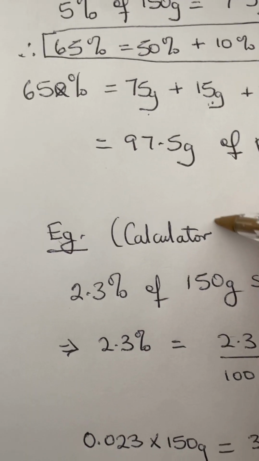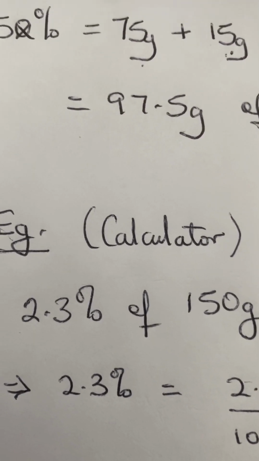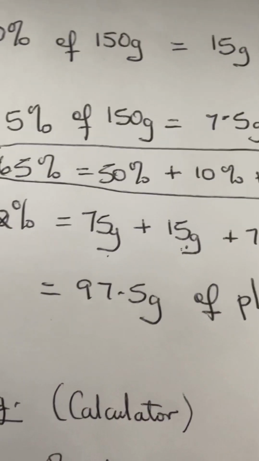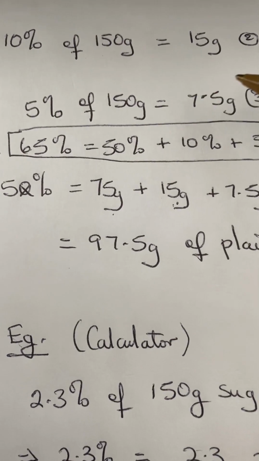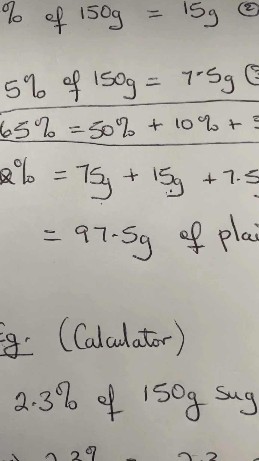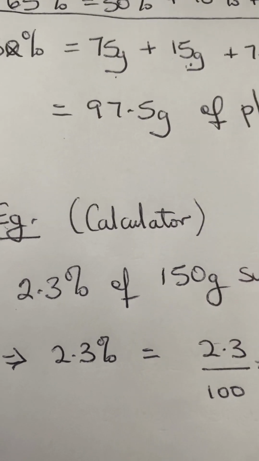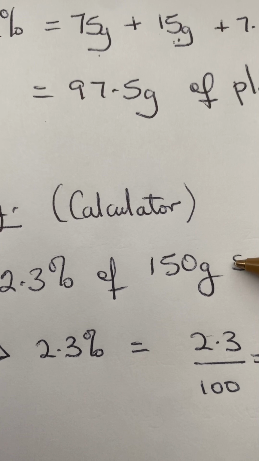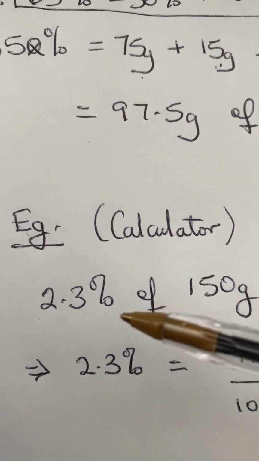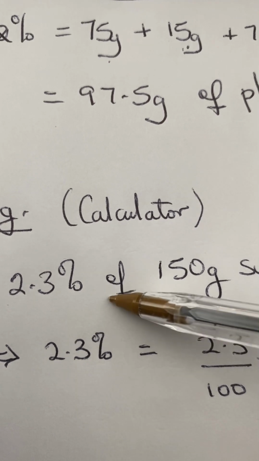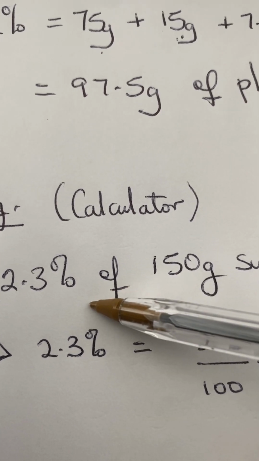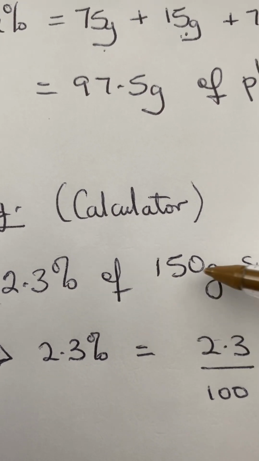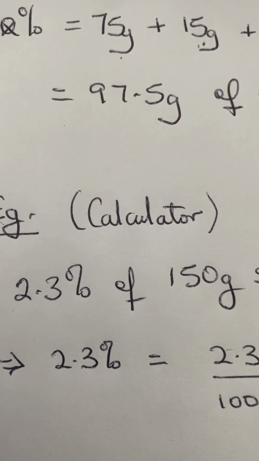The last question is a calculator question. So if you are in a non-calculator paper, I've just shown you how to break down your percentages to get your answer. Now, if you are in a calculator paper, 2.3% of 150 grams. Okay, so you can put 2.3%, but if you put 2.3 times 150, you are going to get the wrong answer.